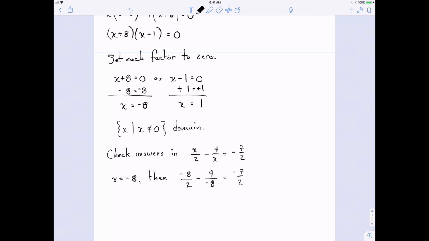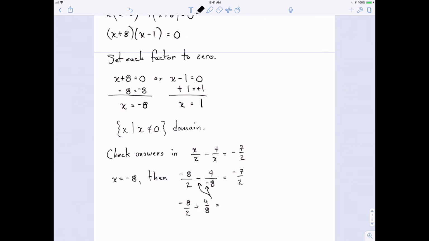So let's see here. This is kind of sneaky because we've got these two minuses. That's really a plus. And notice that on the right-hand side I have a fraction in halves. So now I have plus 4 over 8.